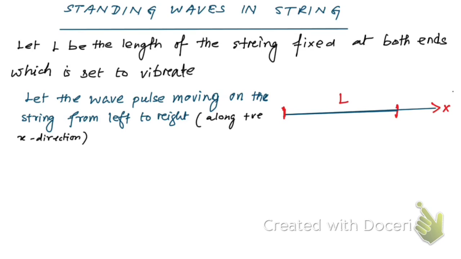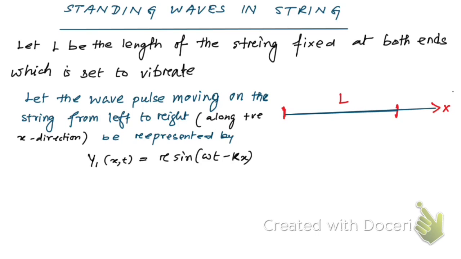And let it be represented by this equation: y1(x, t) = r sin(ωt − kx), right?